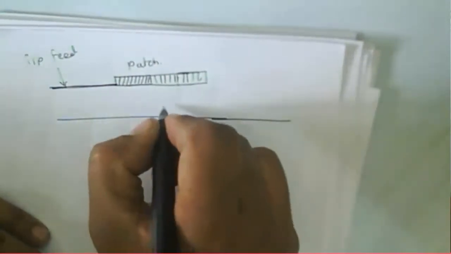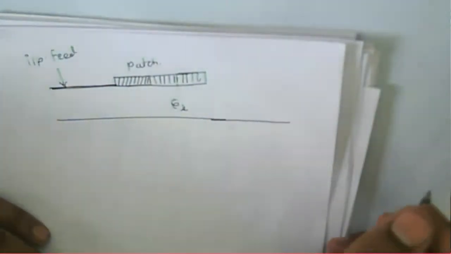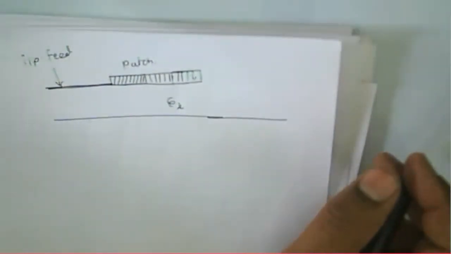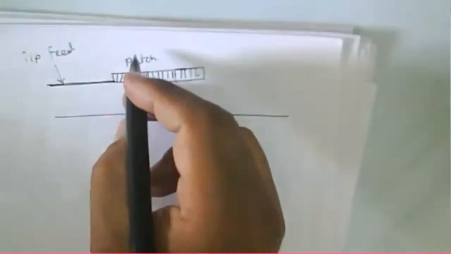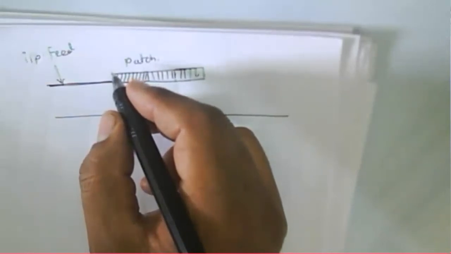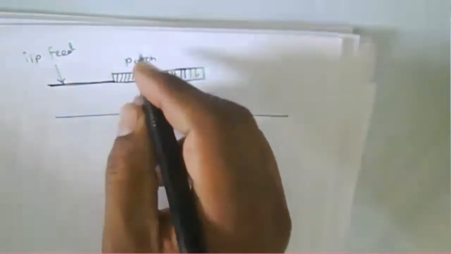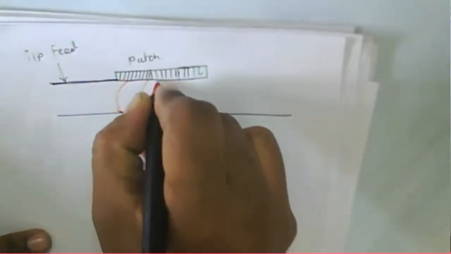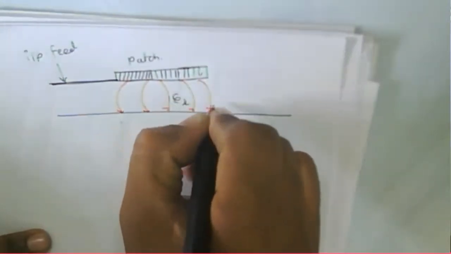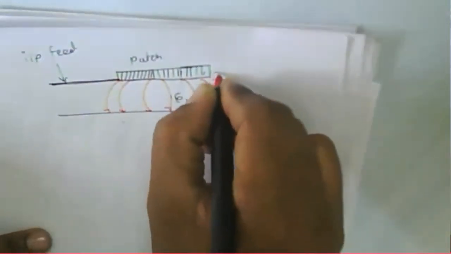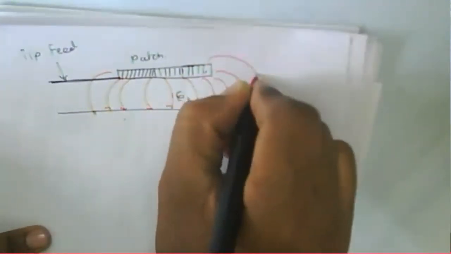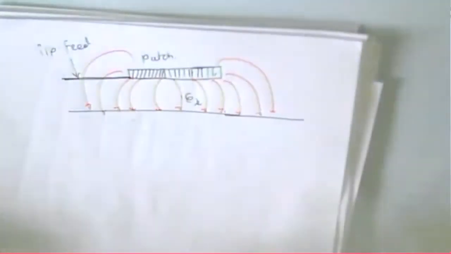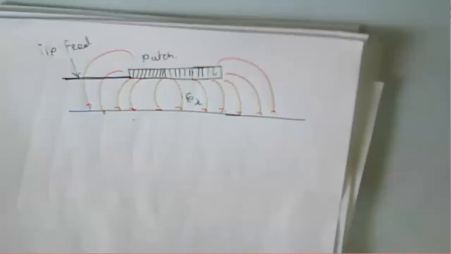This is epsilon r, the substrate permittivity. Now if you see, this is positive and this one is negative. The field emanates from the positive patch and terminates at the negative side.